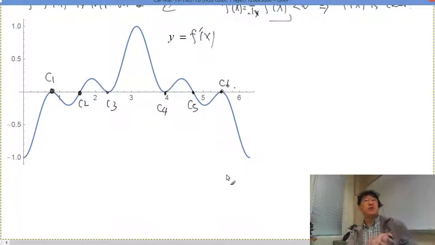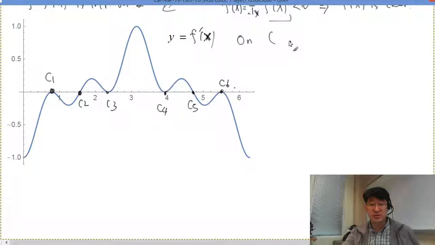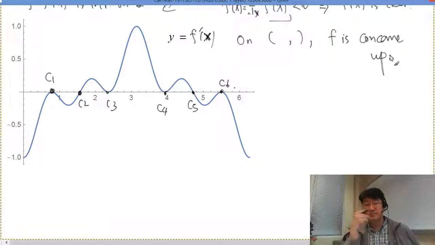Can you come up with one interval where the function is concave up? This is a graph of f prime of x, just like before. On which interval, from something to something, is f concave up? C1 to C2, that's what we're looking at, right?